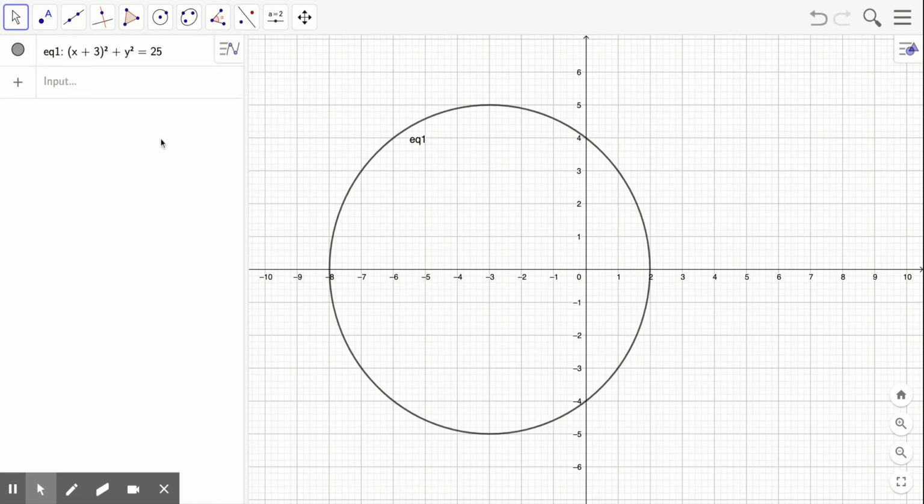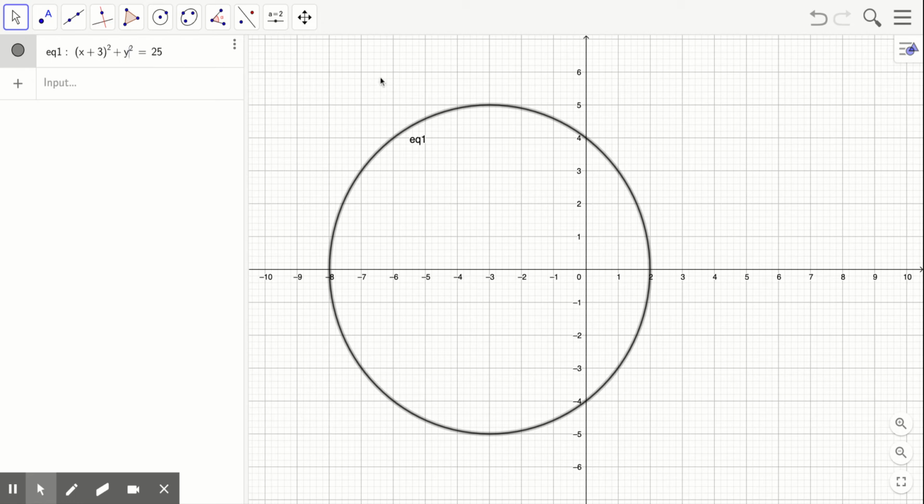Now, if you'll notice, since I added 3, what value of x makes this x plus 3 squared 0? -3 does. So it shifted the center over here to -3. The radius is still 5, but the center has just been shifted to the left because it takes a -3 to make this 0.